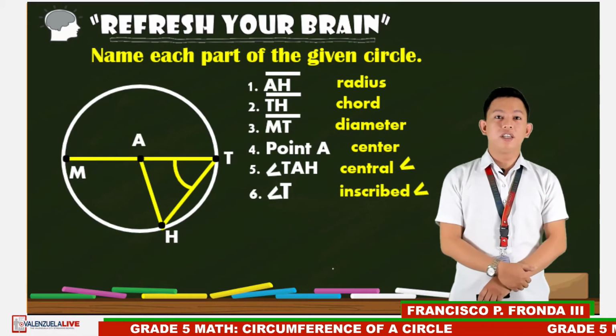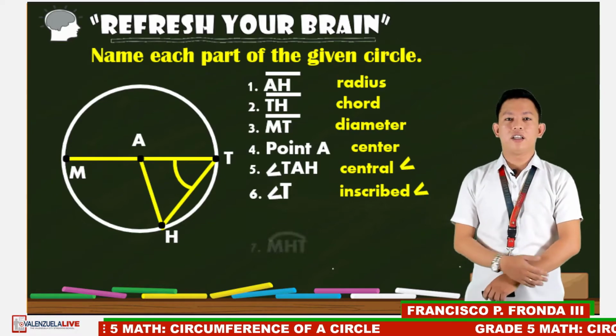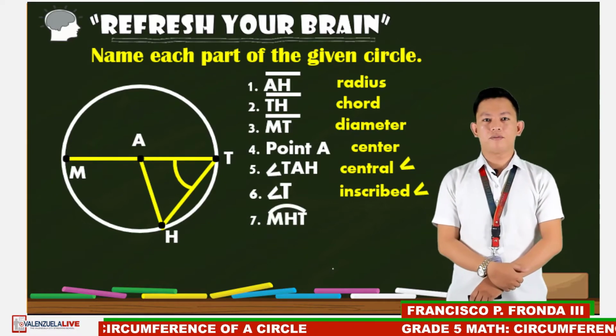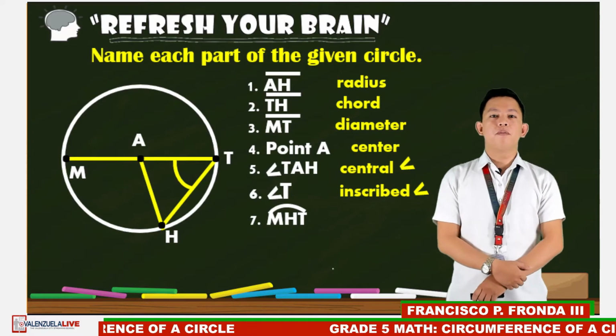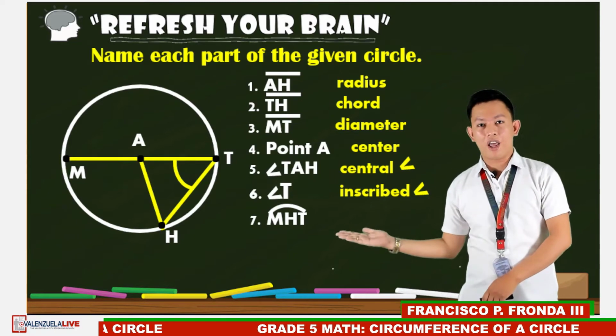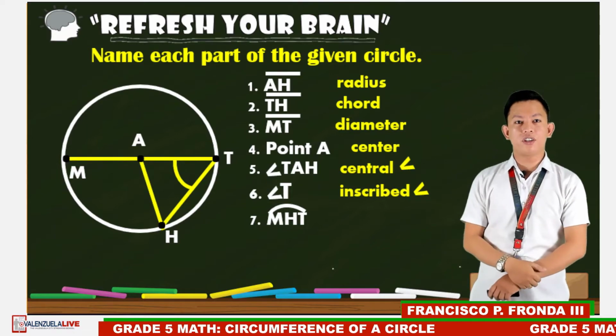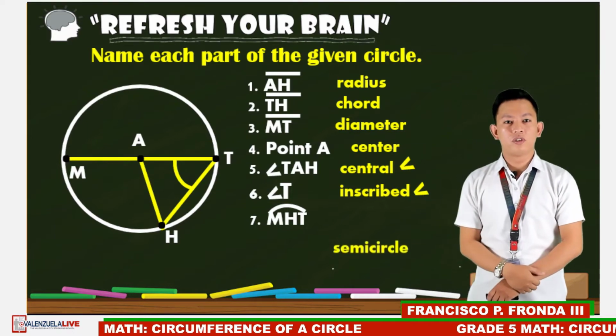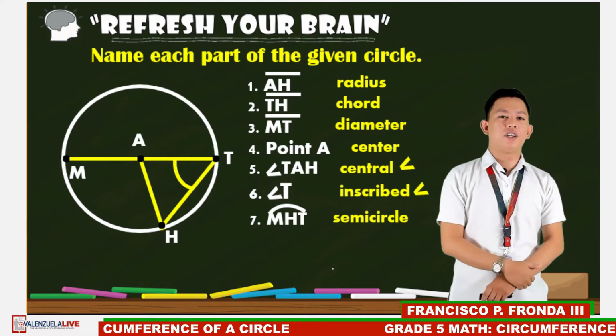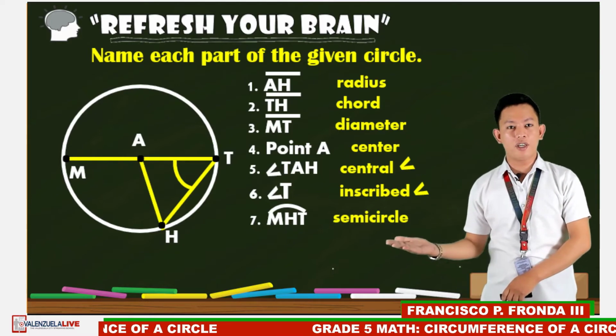This would be the inscribed angle. For number 7, arc MHT. You just comment down your answer in the comment section below. Good job, grade 5 learners. This would be a semicircle.